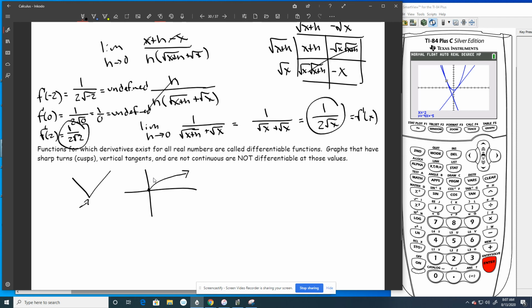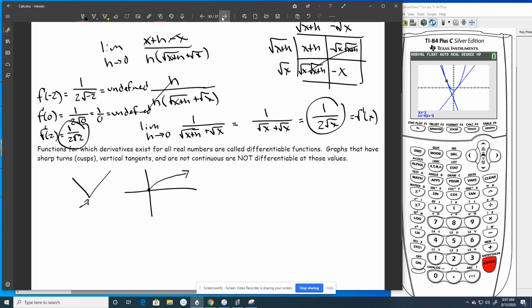So like this example that we just did, we found a derivative, but we weren't able to find a slope everywhere. The slope didn't always exist. So it's not differentiable at every value because of that square root. That made it so we're not going to be able to differentiate everywhere.